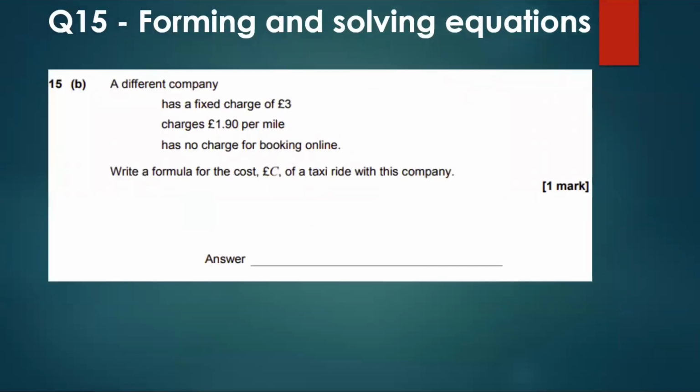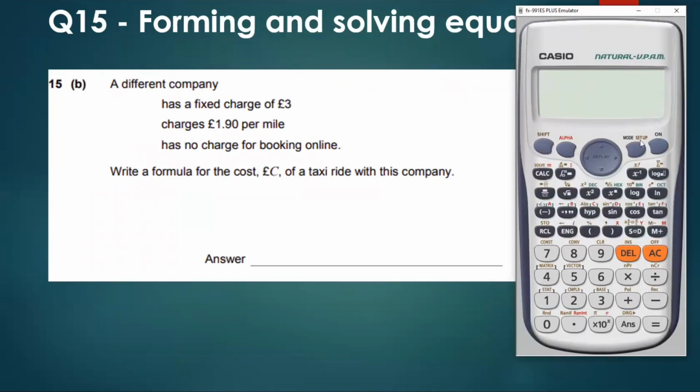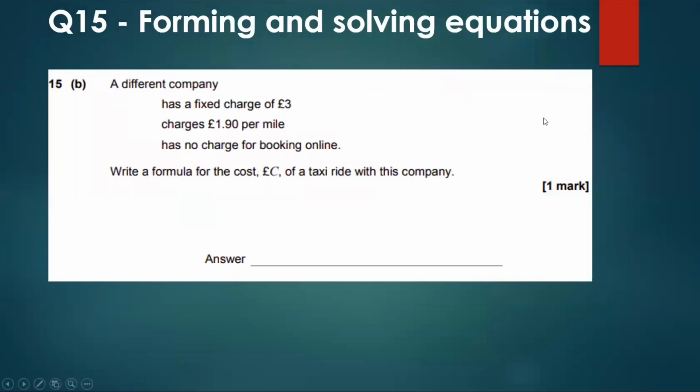For part B, it says a different company has a fixed charge of £3, charges £1.90 per mile, and has no charge for booking online. Write a formula for the cost C of a taxi ride for this company.